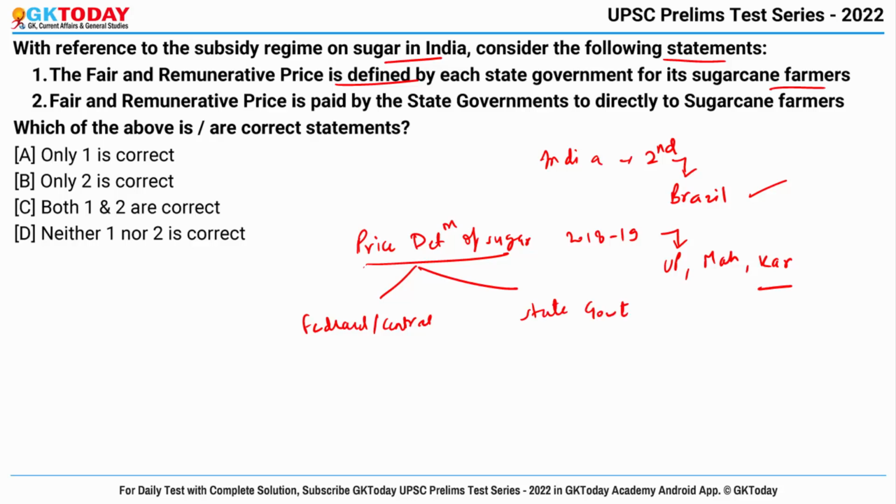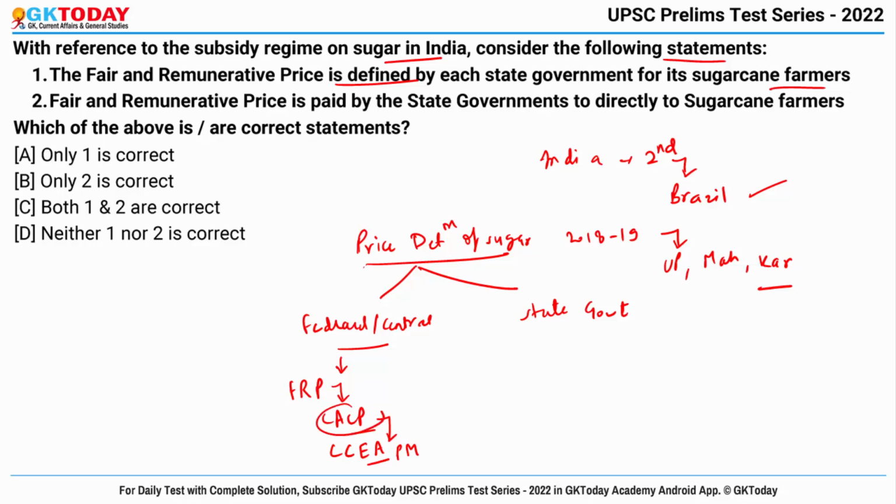So federal government announces FRP, which are determined on the recommendation of CACP, that is Commission for Agricultural Cost and Prices, and are announced by Cabinet Committee on Economic Affairs, which is chaired by our Prime Minister.